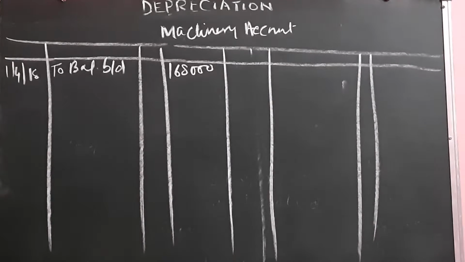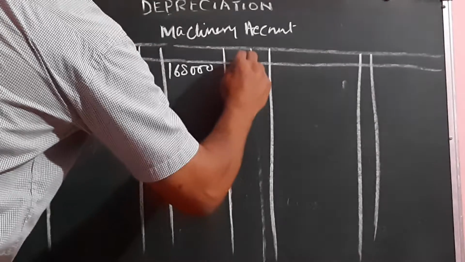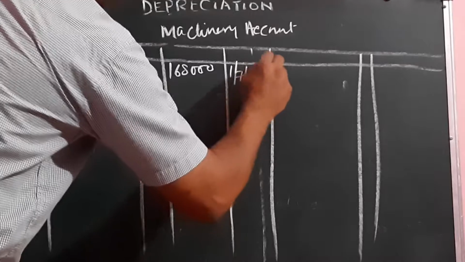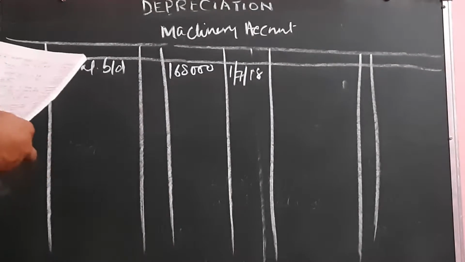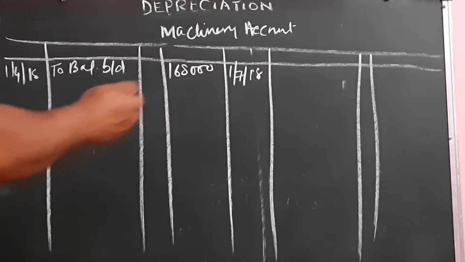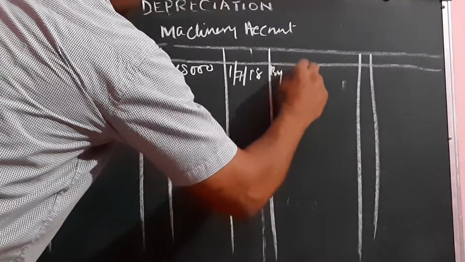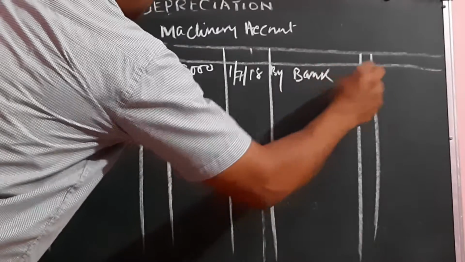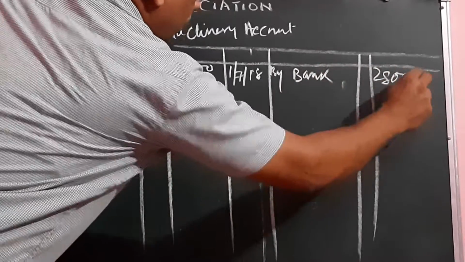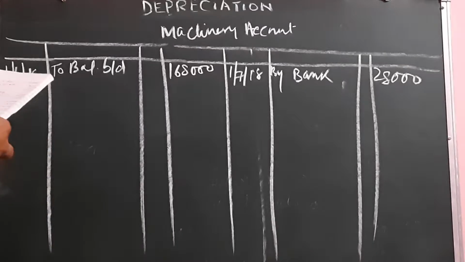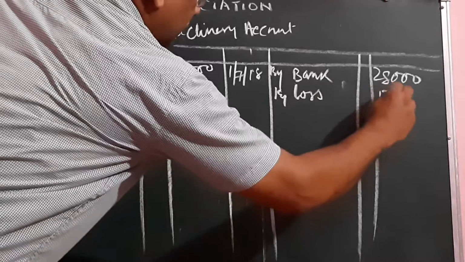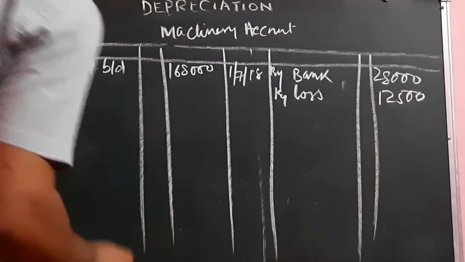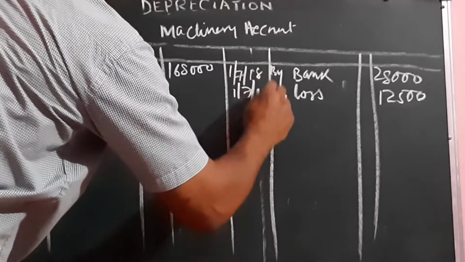And on 1st July 2018, this machine was sold, that is already calculated here, by bank 28,000, and loss on sale, it is 12,500 on 1st July 18.